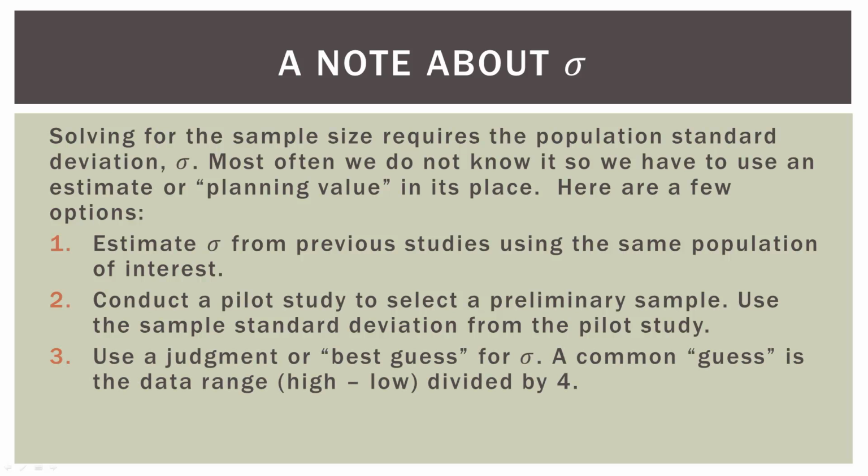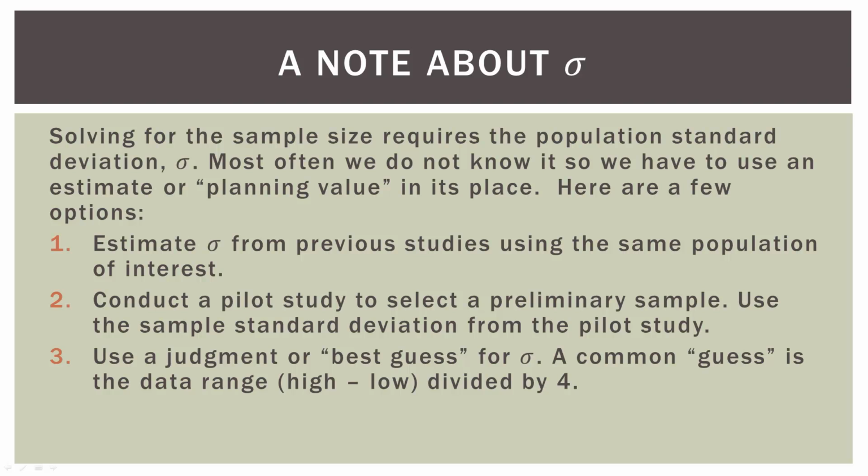Now, another one is just a judgment or best guess for sigma. A common guess is the data's range, so its highest value minus its lowest value, divided by 4. If we don't have anything else to go on, we could do this last resort best guess, just the range divided by 4.